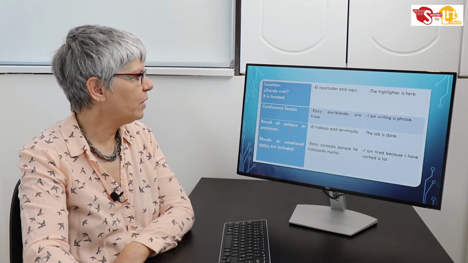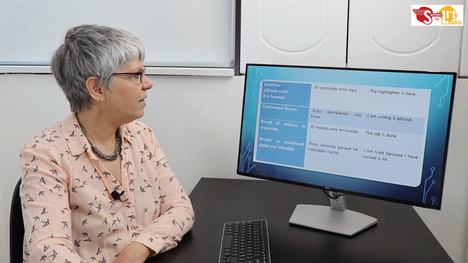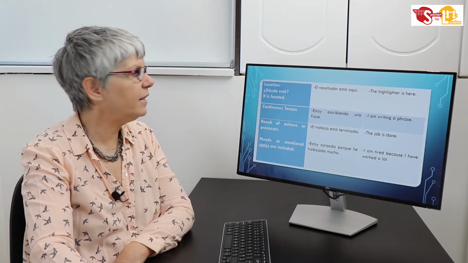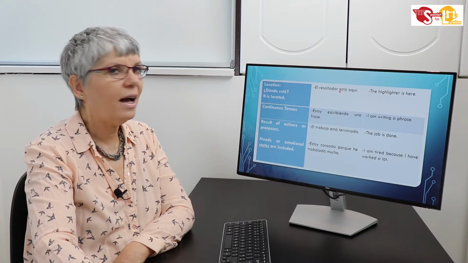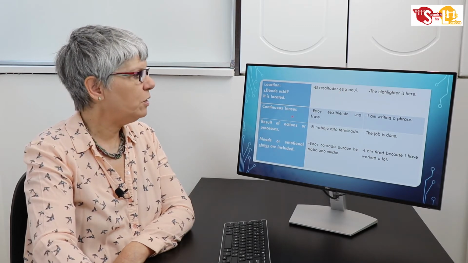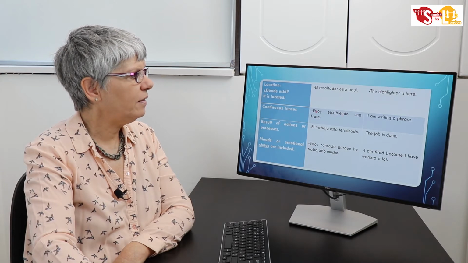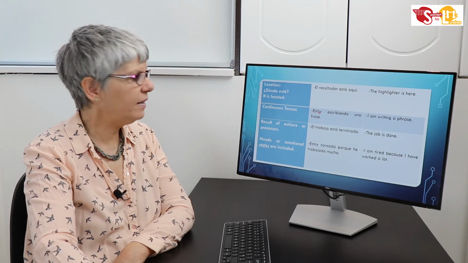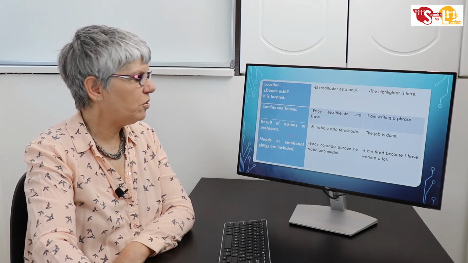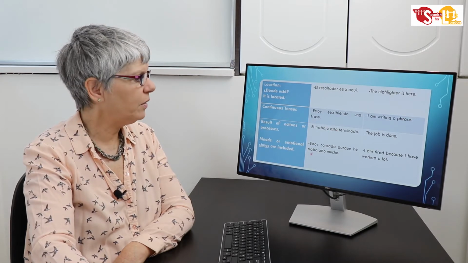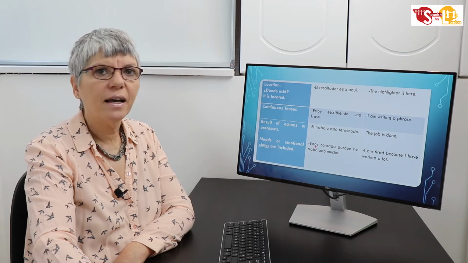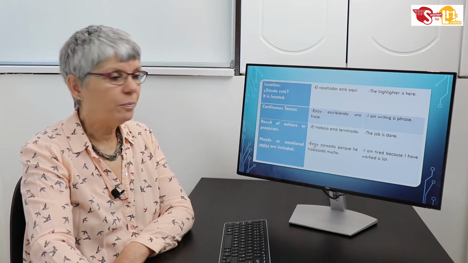So remember, use estar in the three cases that you see here. For location, el resaltador está aquí. For continuous tenses, estoy escribiendo una frase. Or result of actions or processes, el trabajo está terminado. Estoy cansada porque he trabajado mucho.